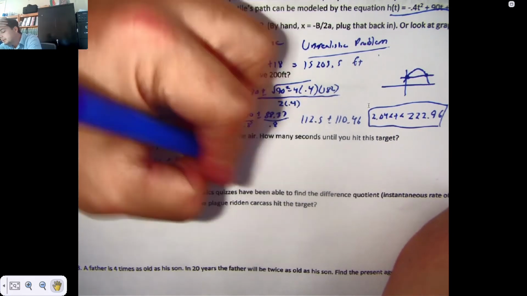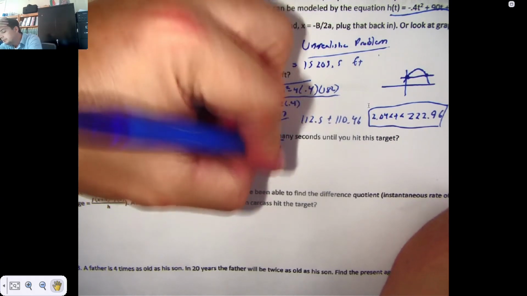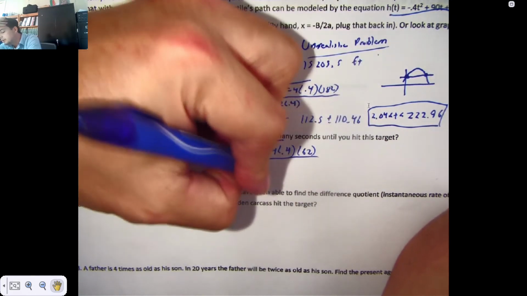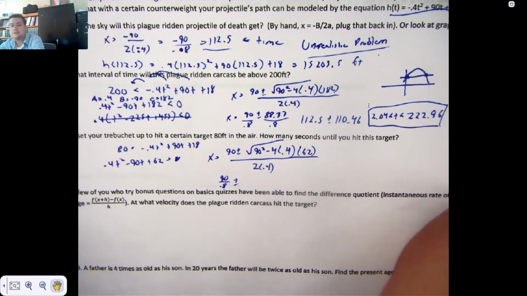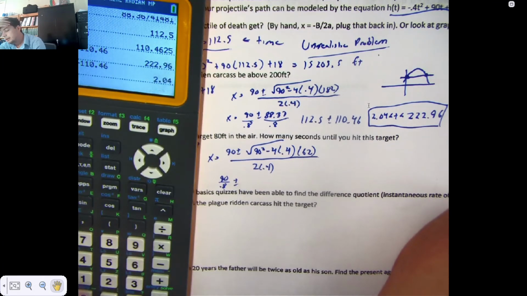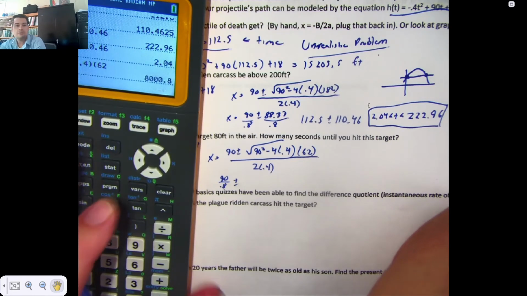So I can do the quadratic formula again. X is opposite b, so 90 plus or minus the square root of 90 squared minus 4 times a, which is 4/10, times c, which is 62, all over twice a, 4/10. So I got the 90 over the 8/10 again, which is 112.5. I won't have to push that in a calculator. And let's see here, we got 90 squared minus 4 times 0.4 times 62, 8,000.8.